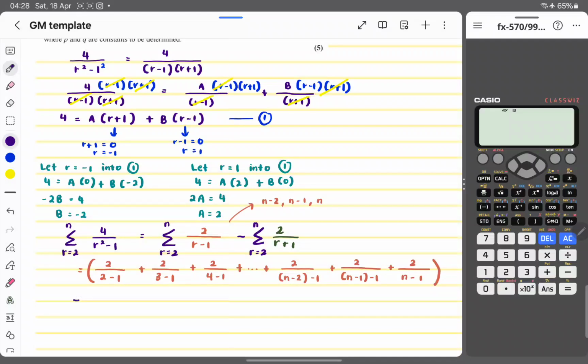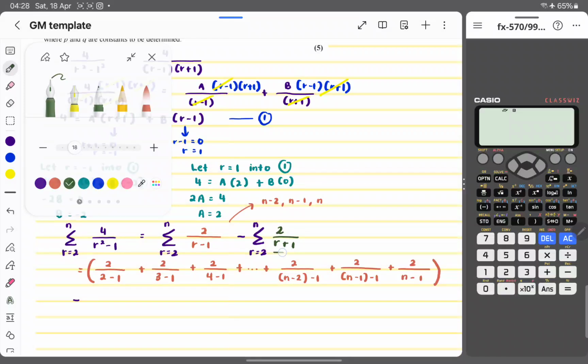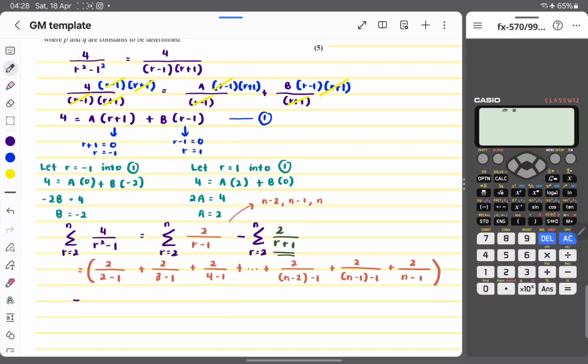Let's continue with the second one. This is from the olive series. So 2 over 2 plus 1 plus 2 over 3 plus 1 plus 2 over 4 plus 1.